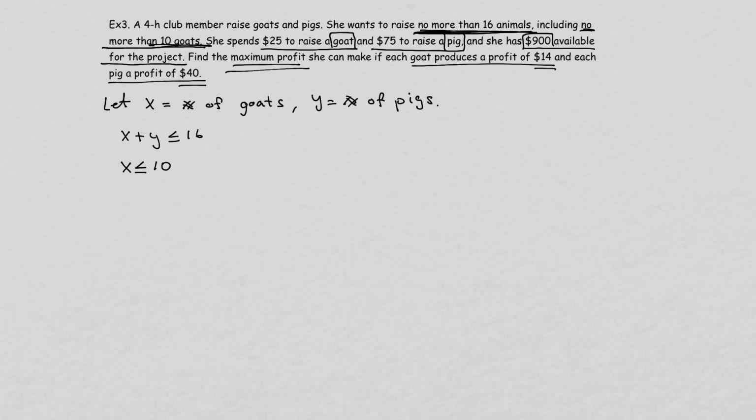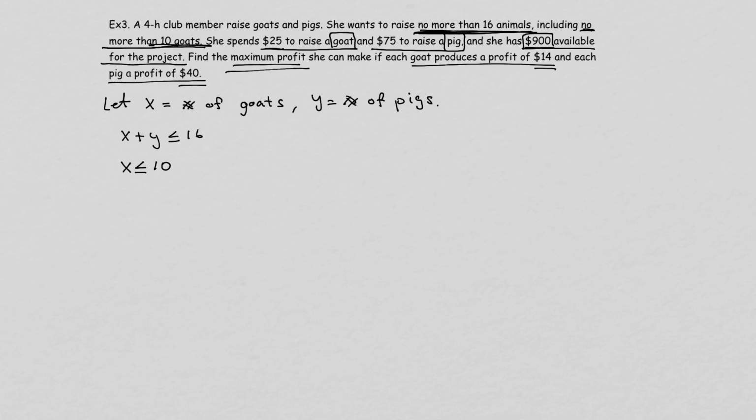And what else do we have? We have $25 to raise a goat and $75 to raise a pig. So when you're multiplying the number of goats times 25, that will give you the amount that she's going to spend to purchase the goats. And the number of pigs times 75 will give you the amount that she should be able to spend to buy the pigs.